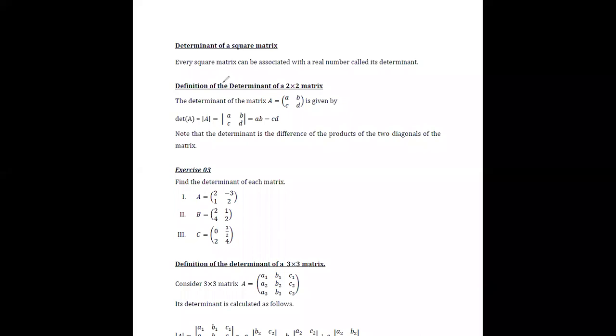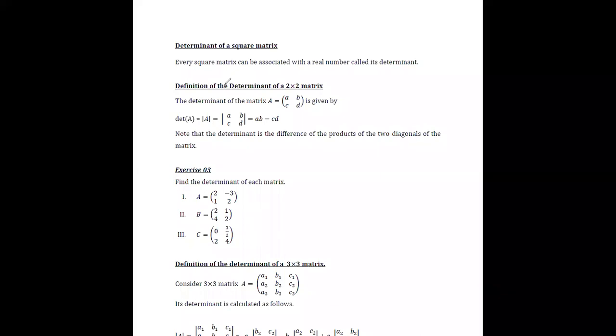Therefore, we can say that every square matrix can be associated with a real number, and that numeric value, or real number, is said to be the determinant of the given matrix. Here we will discuss obtaining the determinant for 2 by 2 matrices and 3 by 3 matrices.